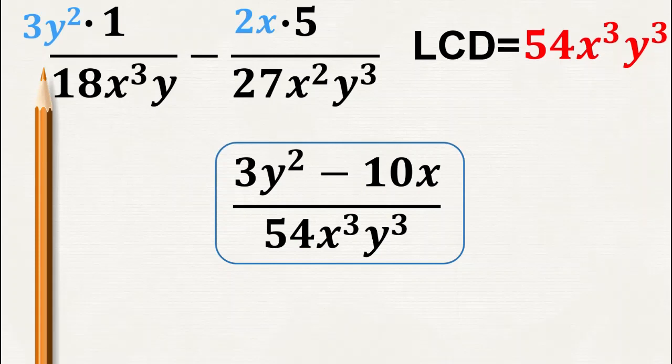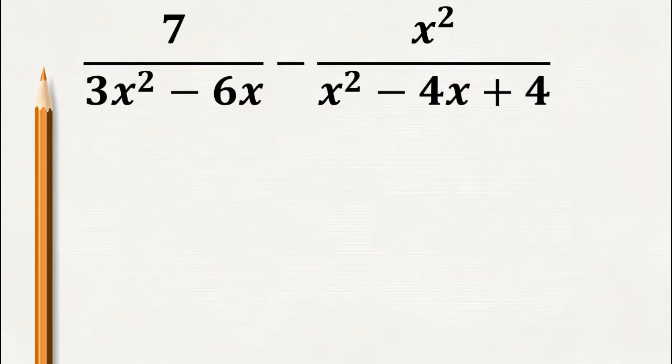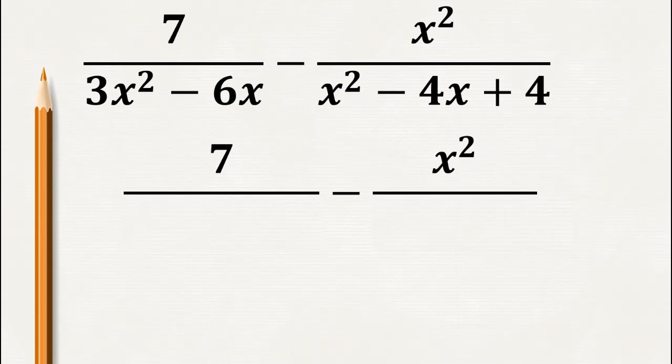Let us have more examples. 7 over 3x squared minus 6x minus x squared over x squared minus 4x plus 4. As you notice, our denominators can be factored. Before we factor, copy our numerators.